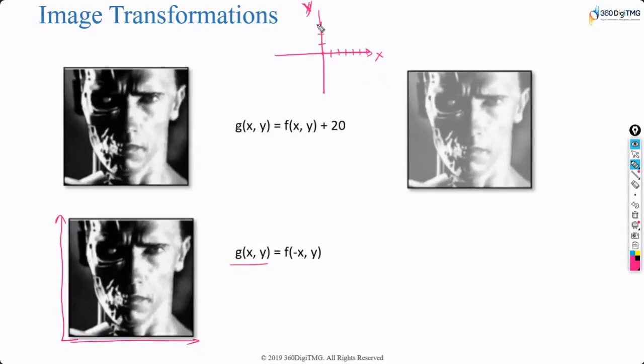And you have Y 1, 2, 3, 4, 5 in that way. And you have -1, -2, -3, -4, -5 in that way. Here also you'll have negative values. Okay, now if I change all the X values to -X, then what do you think will happen to the output image?